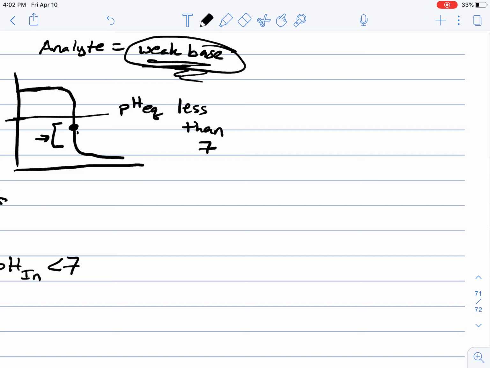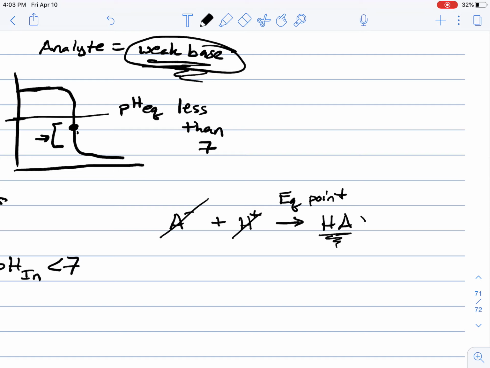A weak base is, for example, A minus. And when you react it with a strong acid, it's going to produce HA. And at the equivalence point, we know we have equal amounts of base and acid, so they cancel each other out, and we convert everything into HA.